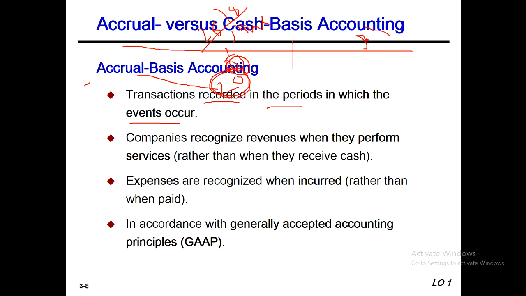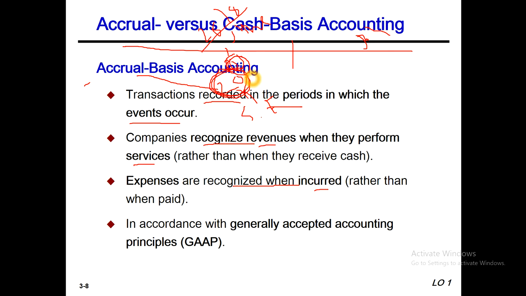Number 2, companies recognize revenue when they perform services. Suppose we perform services on June 20, so we recognize revenues on June 20. Expenses are recognized when incurred. To generate these revenues we have expenses, such as salary expenses.